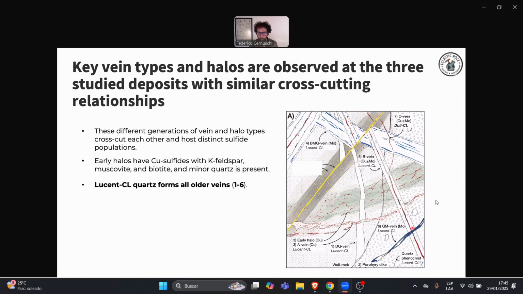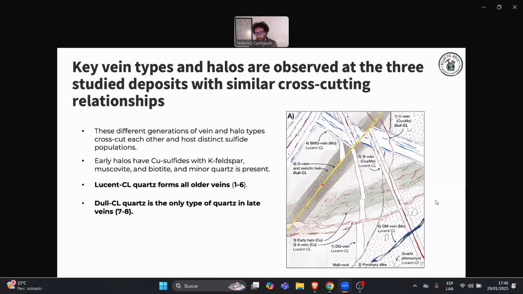The veins that follow are C veins with little quartz, but when you see quartz, it's not lucent anymore. It's what we call dull CL quartz or dark CL quartz. We see some indications of C veins being part of the central lines of some B veins. And then we have D veins, where there's absolutely no more lucent quartz at all.